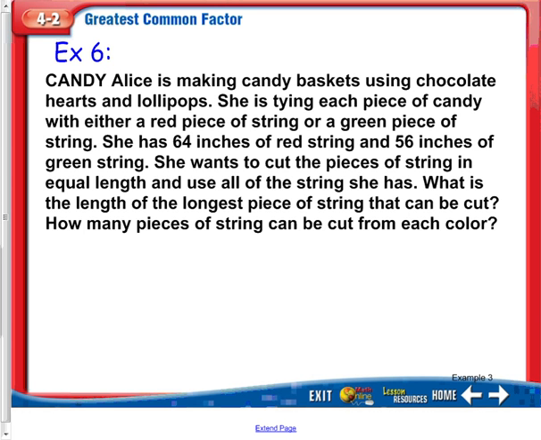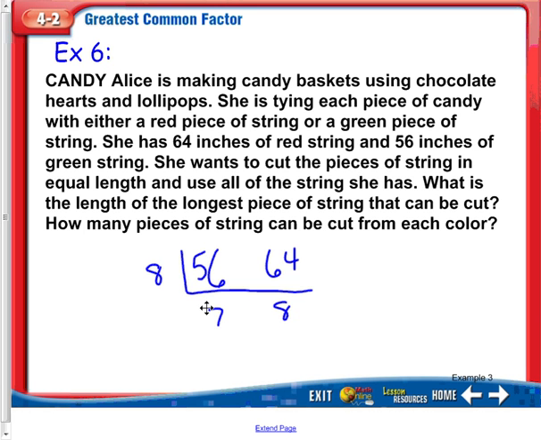Well, what we need to do is find the greatest common factor of our two numbers. We have 56 inches and we have 64 inches. So we need to break those two numbers down into the greatest common factor. So I'm thinking of these two numbers. I know that 8 goes into both. So 8 times 7 is 56 and 8 times 8 is 64.